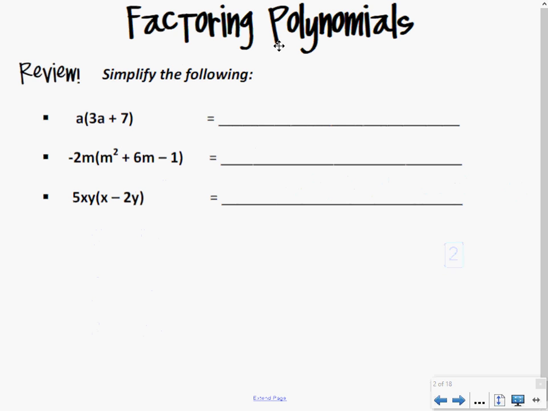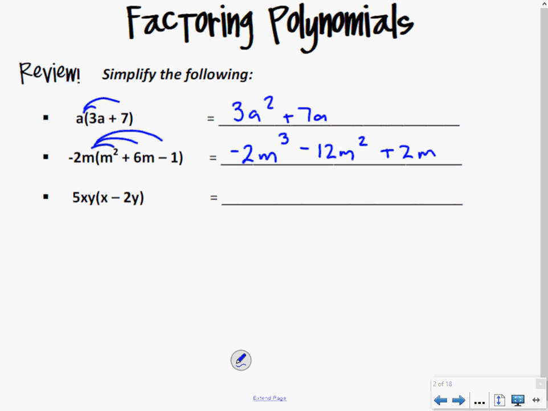So let's review real quick what we've been doing recently. We've been multiplying polynomials together, so we've been doing things like this where we distribute to get 3a squared plus 7a, or we can have three terms, like negative 2m cubed minus 12m squared plus 2m, or we can even have multiple variables.